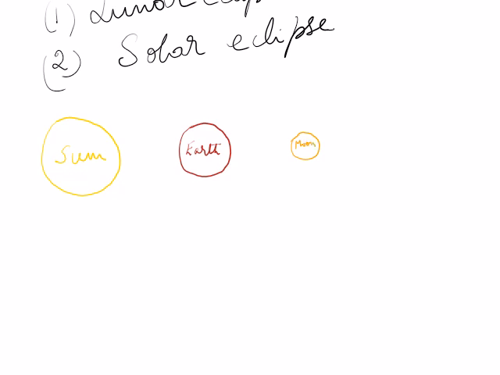Okay. Now, what is happening? The light rays from the sun are getting blocked by the earth.